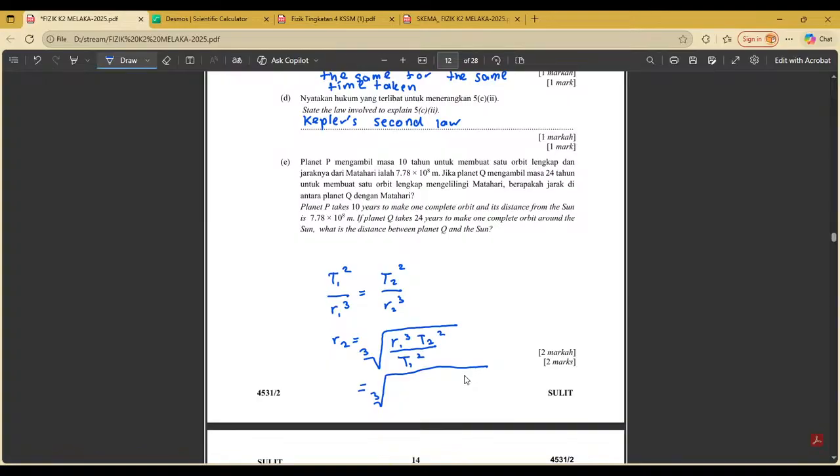Equals. Where's my calculator? I don't have a calculator.